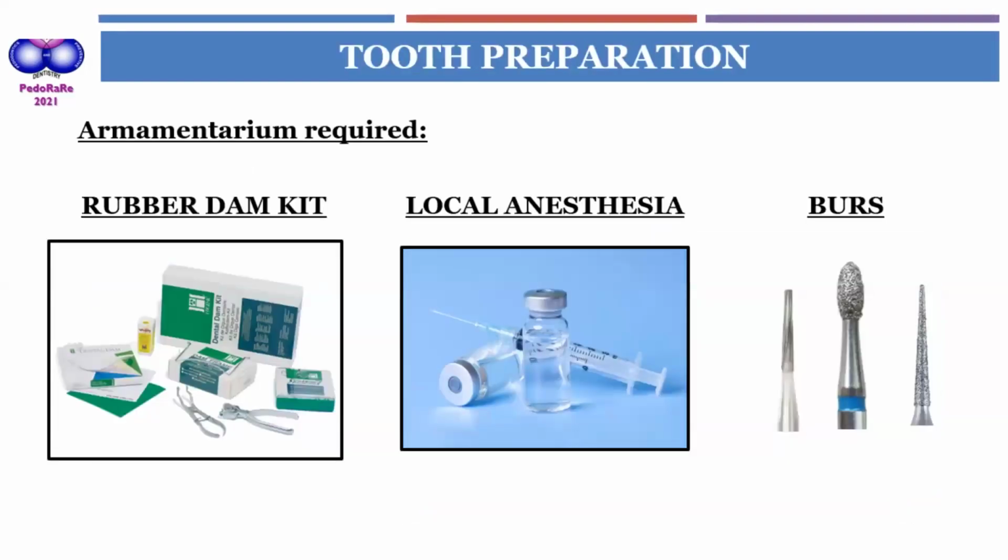Now, tooth preparation is simple. Rubber dam kit, if possible. Local anesthesia, definitely. Make it a point that you give infiltration so that the patient is comfortable. Then the burrs. I have seen students using the same burr for the whole year. So you are unnecessarily causing iatrogenic damage to the tooth which you are going to cut.